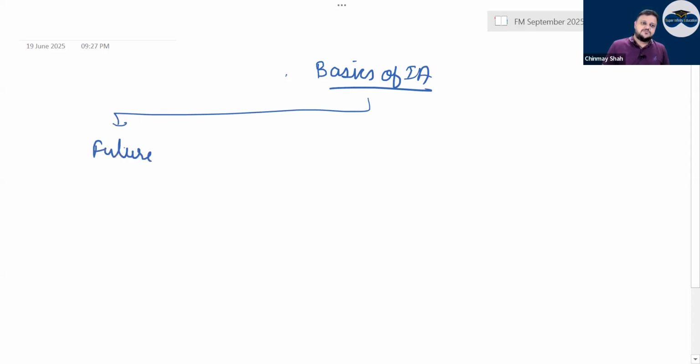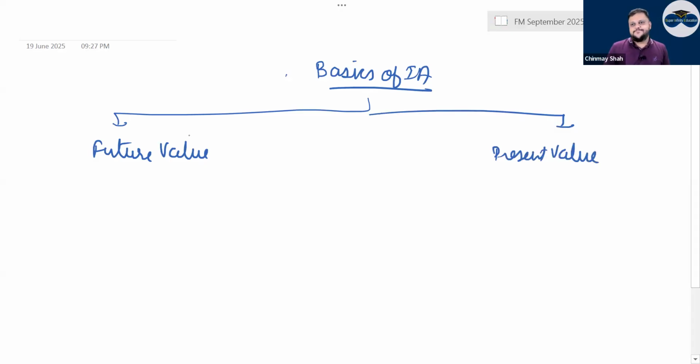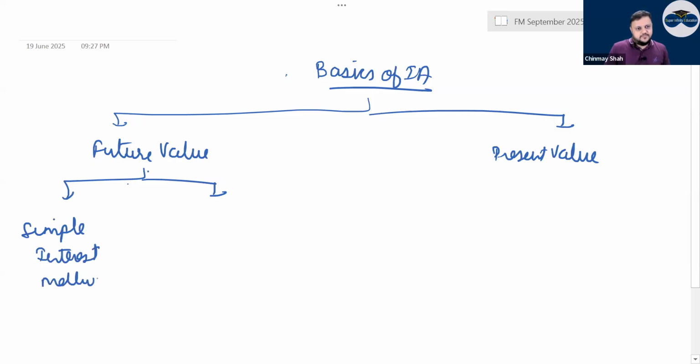First say future value, then say present value. Future value has two parts. Simple interest method, compound interest method.